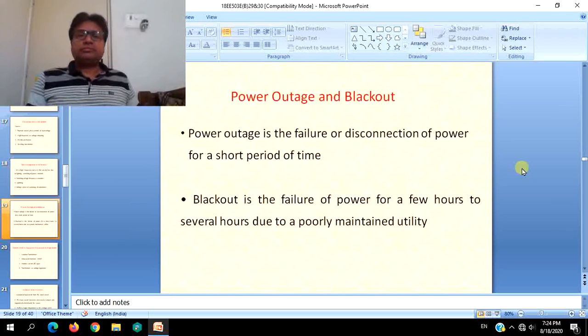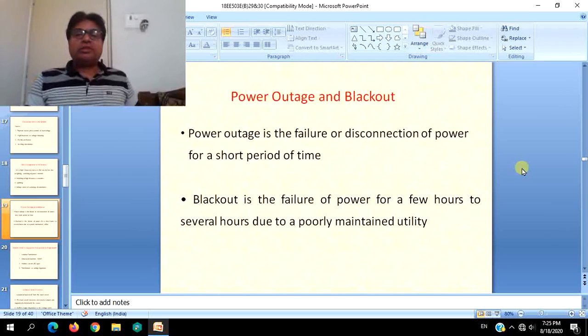Likewise, power outage and blackout due to various reasons, maybe for repair or maintenance or damage or during some hazards. Intentional or compulsory shutdown of the power supply from the utility companies, or even when we are using an internal voltage source, if that is damaged, you have to shut it down.